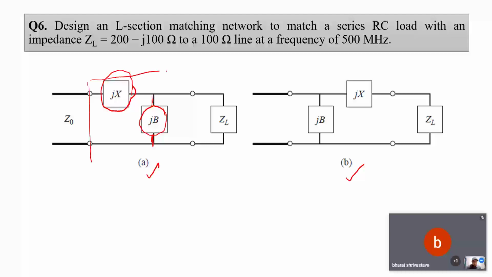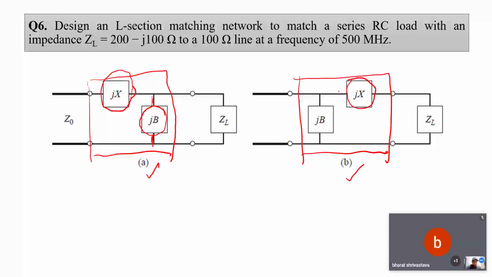So here is the L section matching network, whereas in the second configuration, first we connect the load to the reactance, then in parallel we connect a load susceptance. Which configuration is used in which case, we have to first see.